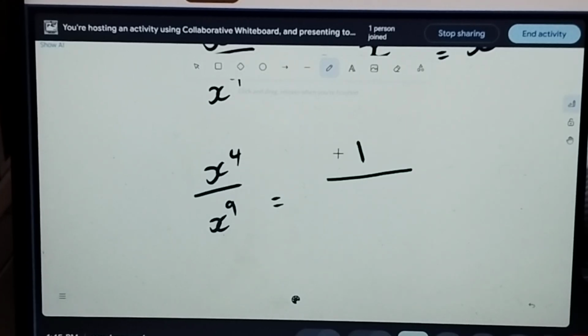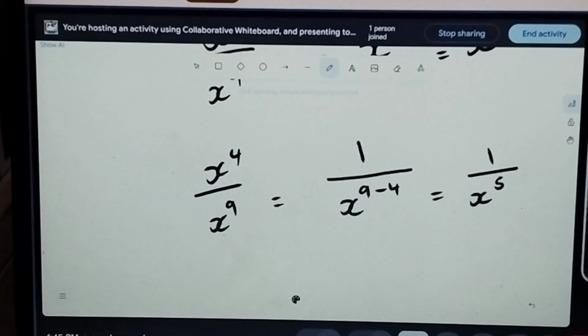To do that, I'd replace the x^4 with a 1, and I'd do my x to the 9 minus 4 at the bottom, and that would be 1 over x to the power 5.